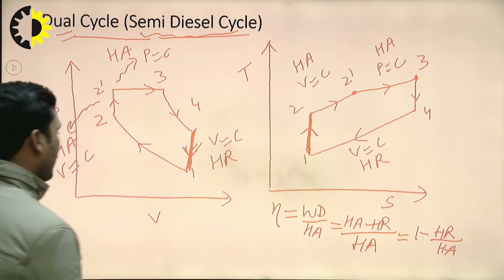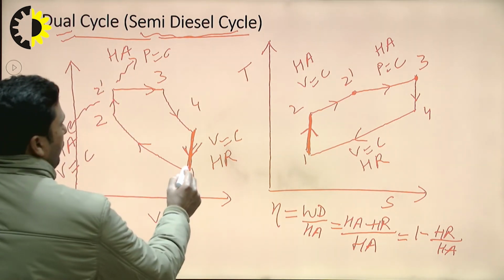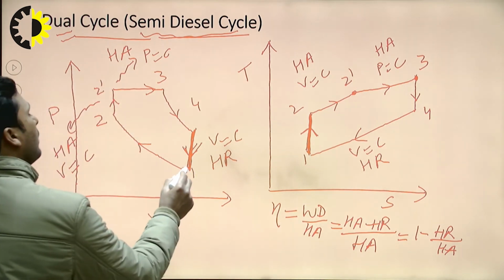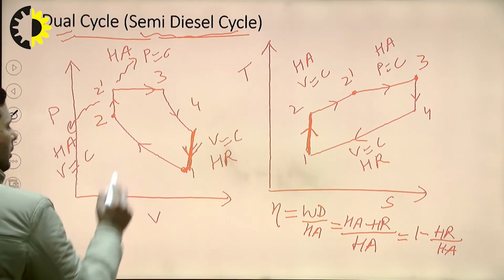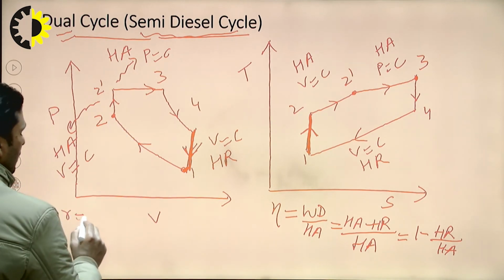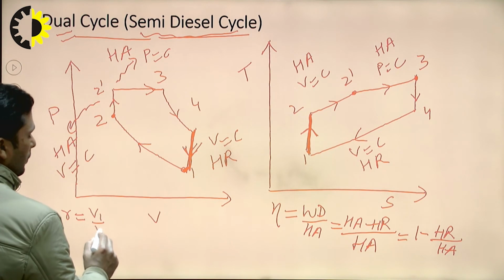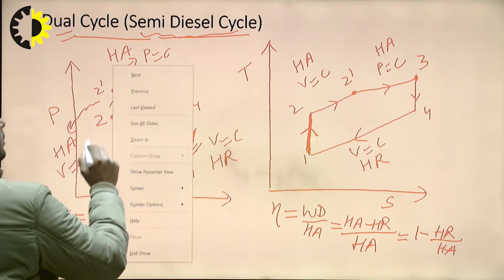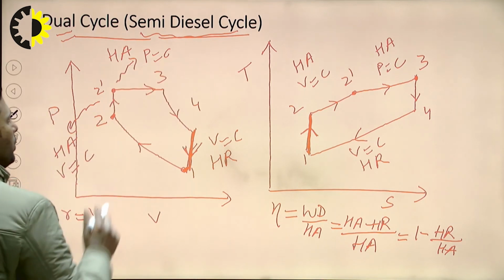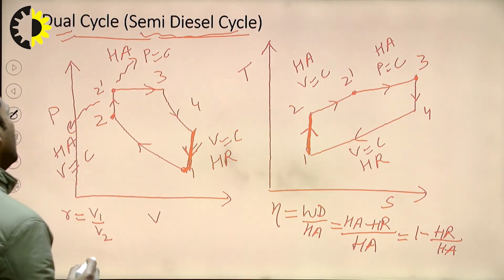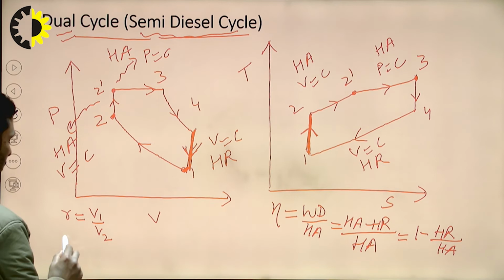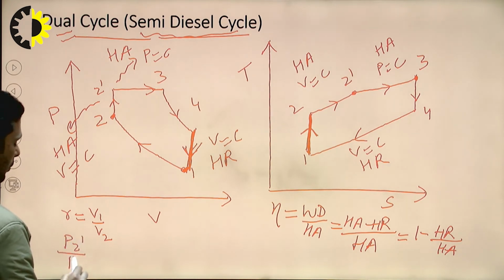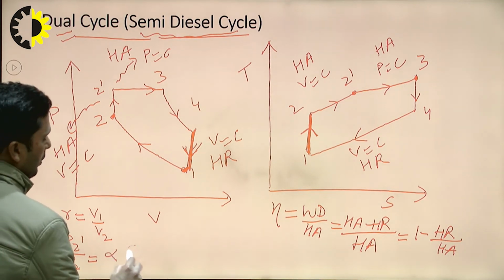But before that, we know that V1 by V2 is the compression ratio, small r, equal to V1 by V2, and in process 2 to 2 dash, the ratio of pressure P2 dash upon P2 is known as the explosion ratio.